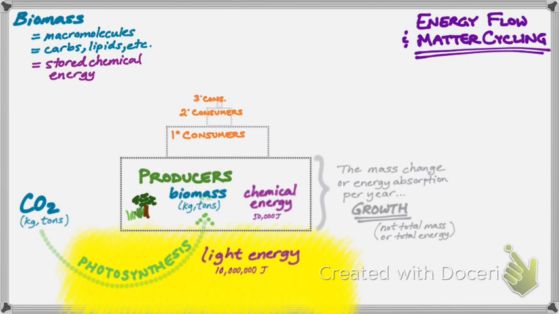So again, it's taking CO2 and light, and it's able to absorb and convert a certain amount into its own mass. Now, what's a little confusing here that I want to cover is it might have actually made more than 50,000 joules worth of chemical energy in sugar. It may have actually made twice as much, or 3 times that, or 5 times as much as that. But it didn't actually grow by that much.